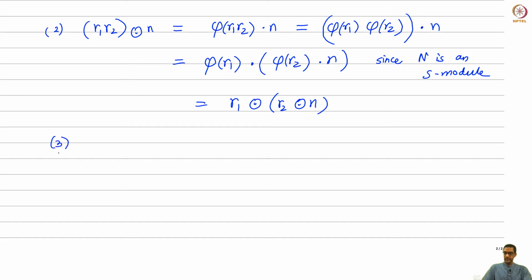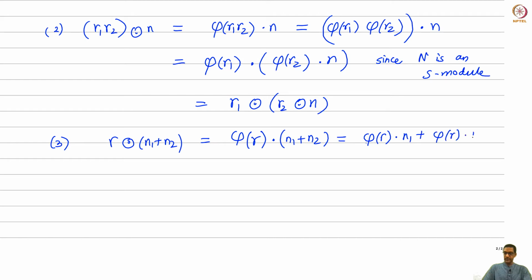Axiom 3 says if I take r acting on n1 plus n2, this is phi of r, the usual action on n1 plus n2, but then this satisfies the axiom: phi(r)n1 plus phi(r)n2, again because N is an S module.